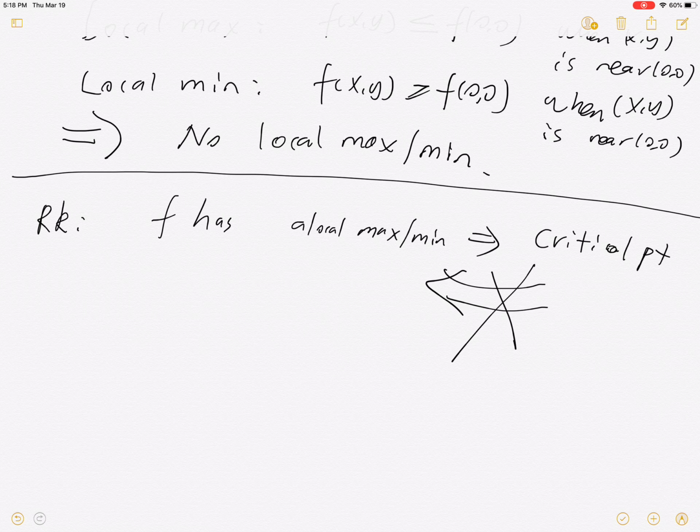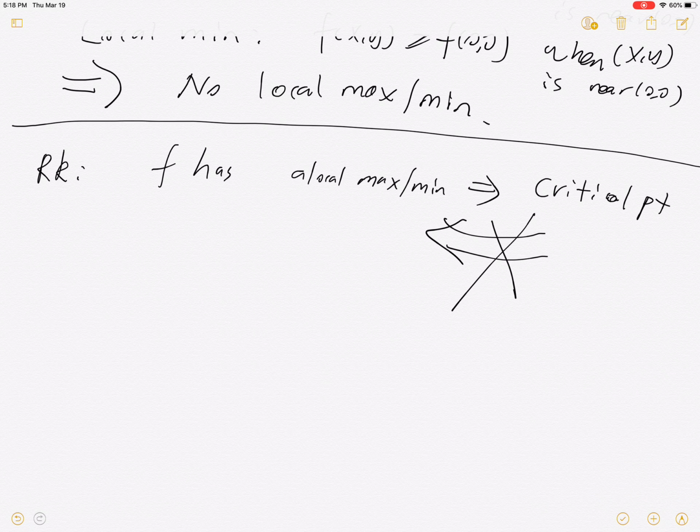The inverse is not true by the previous example. And actually, this example is the stereotype of the critical points which are not local extrema. So we can draw the picture like the following.